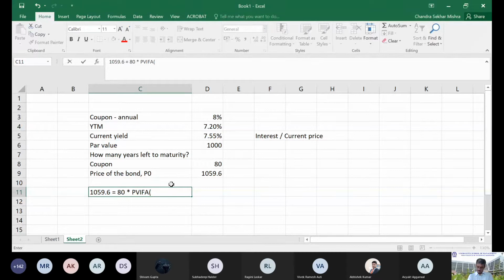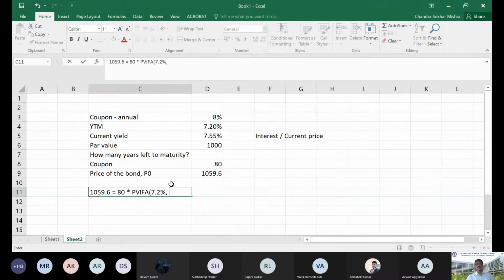Can somebody tell me what will be the annuity factor, R comma N? What is the R then? Anyone? R is the discounting factor. What is the discounting factor here? 7.2%, right? Okay, let's say 7.2%. What is my N?